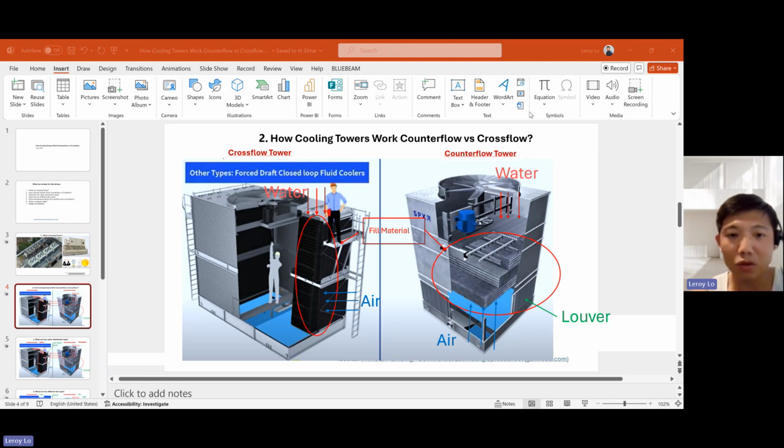Now let's go to the right side, the counterflow cooling tower. You can see the filling materials in red, and air is entering the tower through the louvers from the side of the louver, and then goes vertically up from the bottom through the filling materials and then straight up, as water is trickling down vertically from the top. So that's a counterflow.